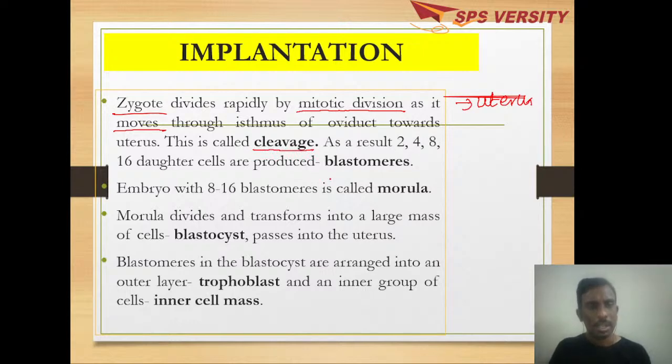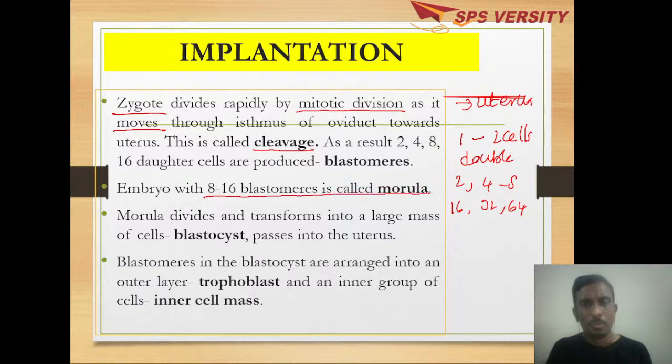In mitotic division, from one cell, two cells are formed. Every time it doubles: 2, 4, 8, 16, 32, 64. The stage from 8 to 16 cells, the blastomeres, is called morula.